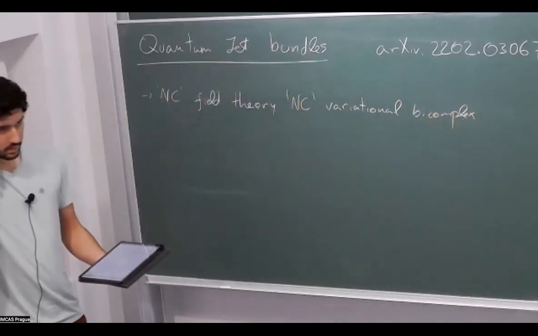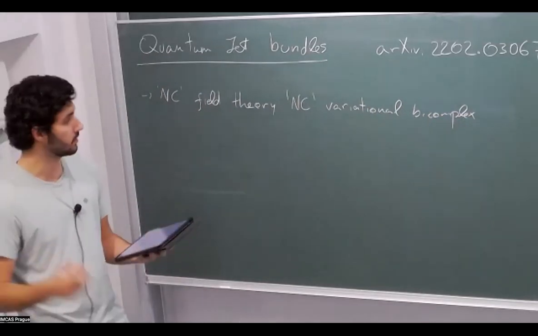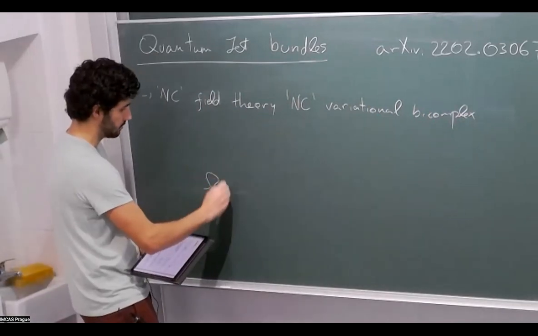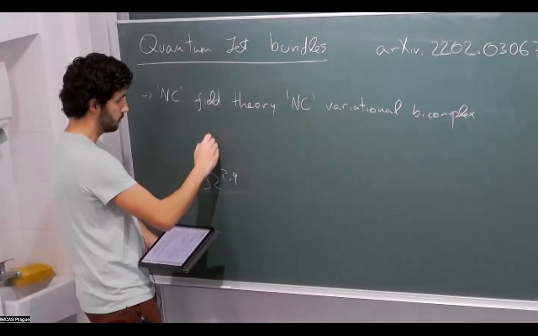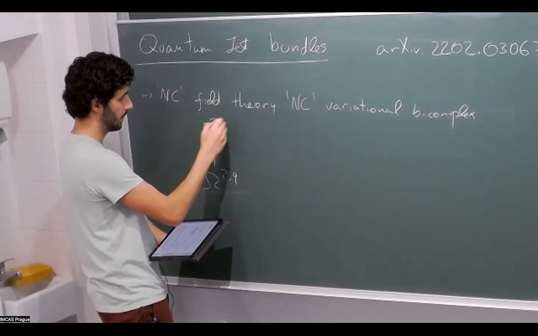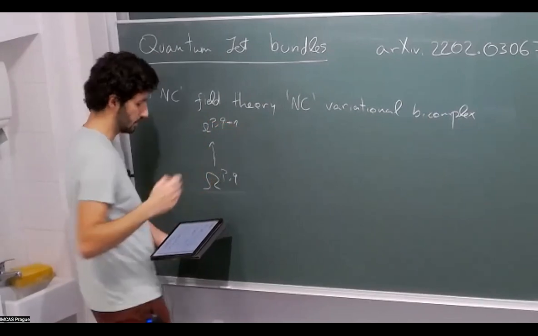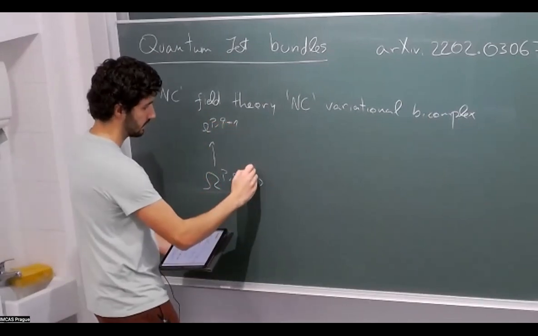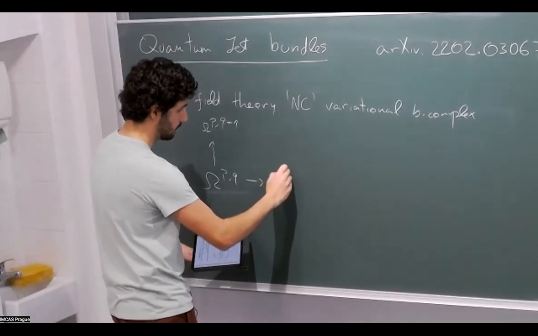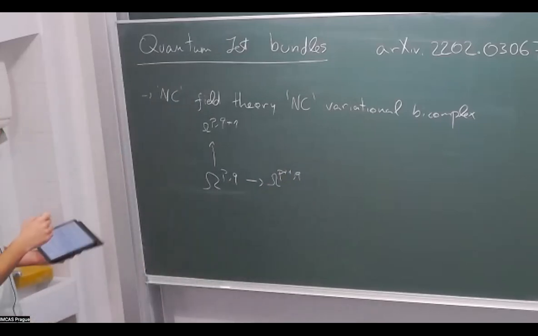If you're doing classical field theory, the way to formalize it mathematically is to look at this complex. It is a bicomplex, so it is bigraded. We have 2 differentials, and these give you exactly the differentials that you're interested in in physics.